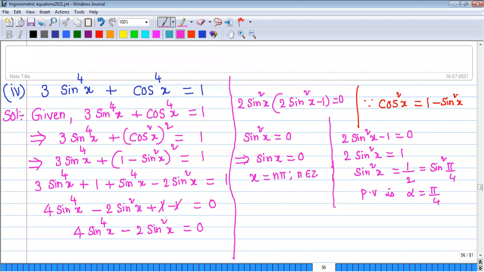Now the general solution is x is equal to n pi plus or minus alpha, pi by 4. So therefore the solution you can write: n pi, n pi plus or minus pi by 4, where n belongs to Z.